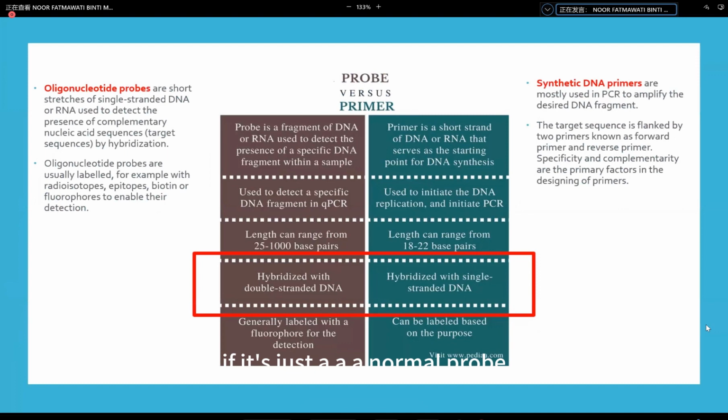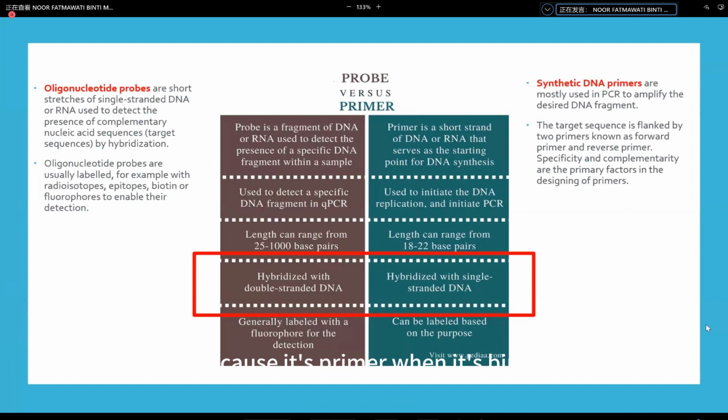If it's just a normal probe, so how do I say this? Like for TaqMan, for example, like that day Dr. Venu taught us, it has this probe and a quencher, if I'm not mistaken. The quencher is on the other side.